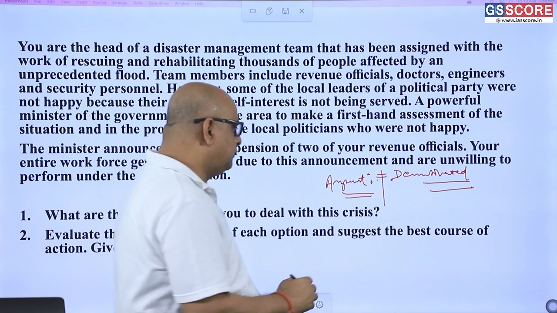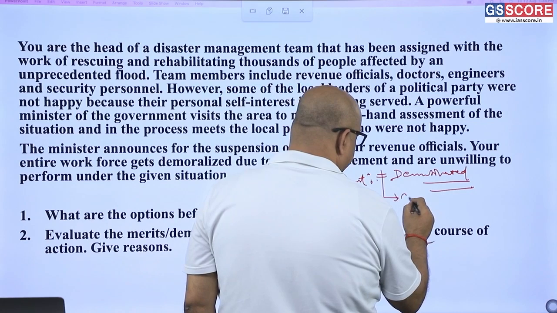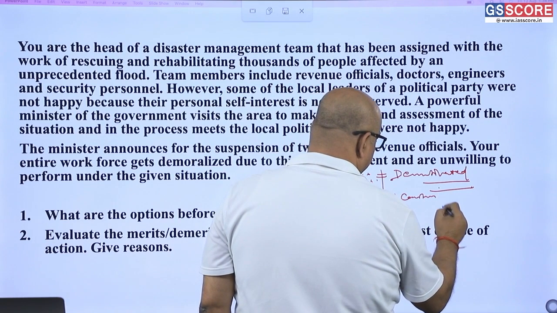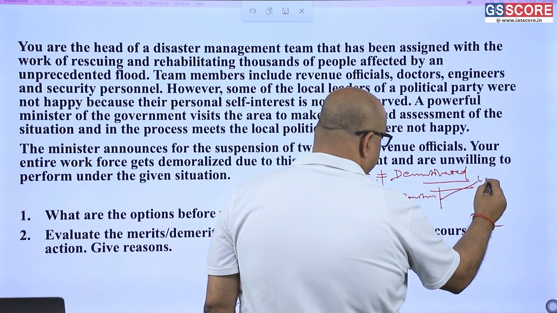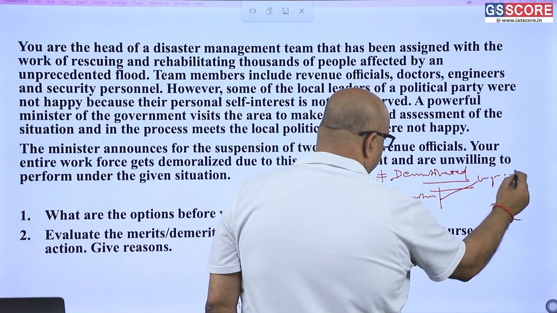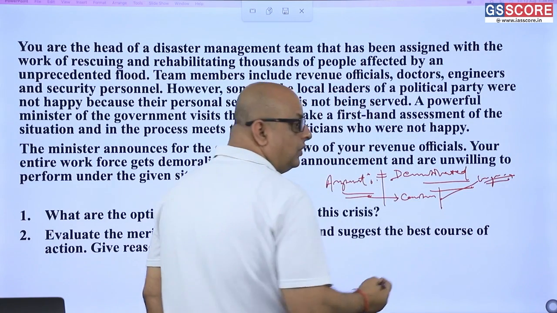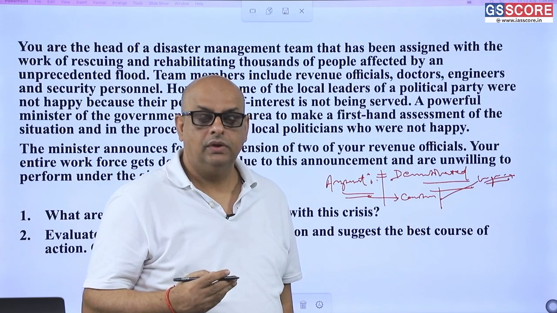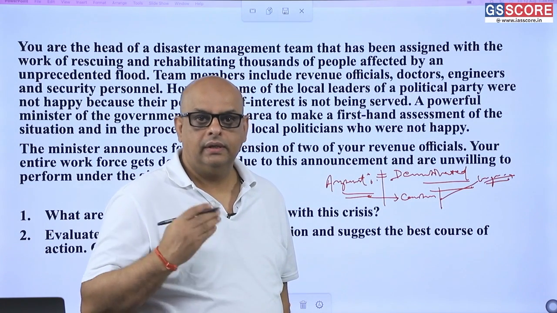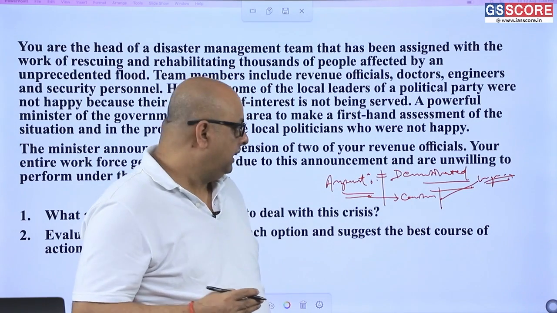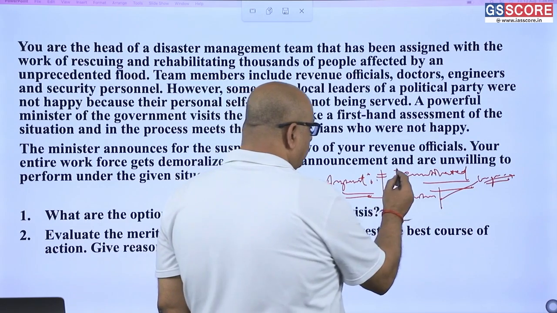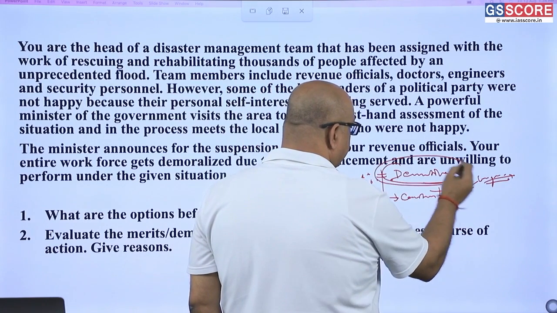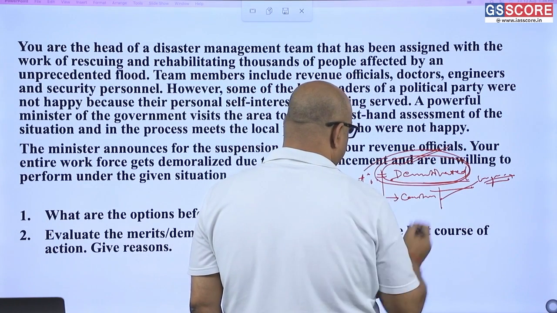What is the constraint in this case? Number 1, the case is of very high urgency. High urgency means you don't have much time, so whatever you have to do, you do while doing the duty itself. And number 2, as the problem itself says, it is also a constraint that your team is demotivated.